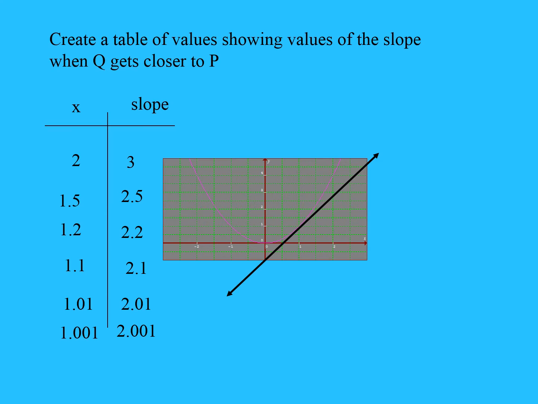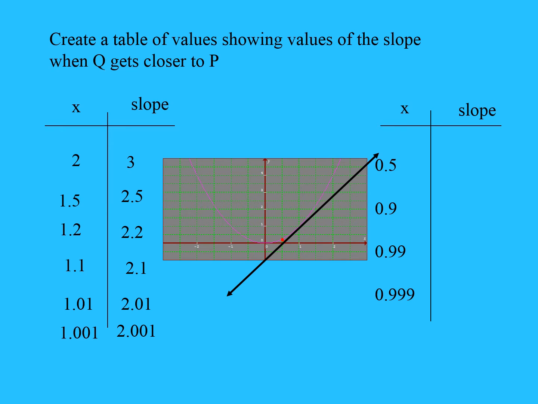Now, we could do the same thing from the other side of 1. We could choose values to the left of 1 and calculate the slope of the secant lines through those points. So for instance, if I chose a value for x of 0.5, now what we're looking at, I'll try to draw this in. This pointer is not real accurate, but let me try to draw it in here.